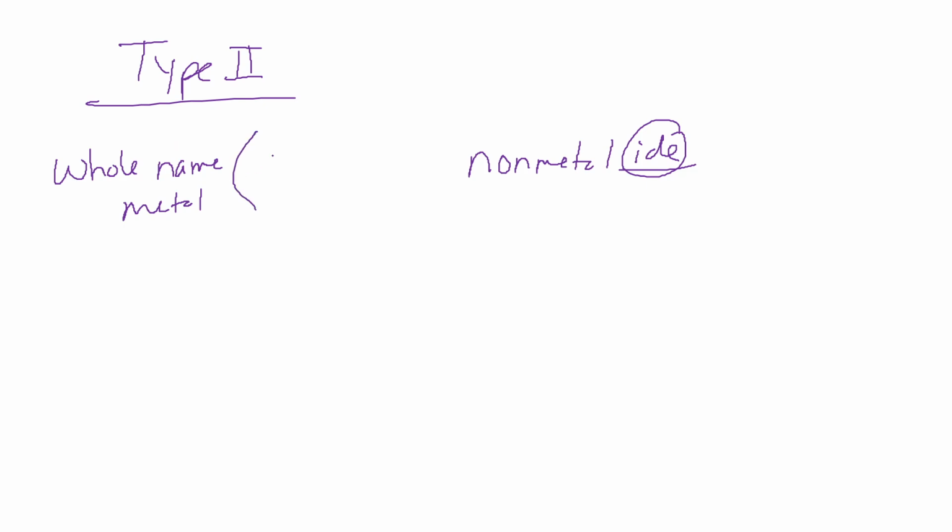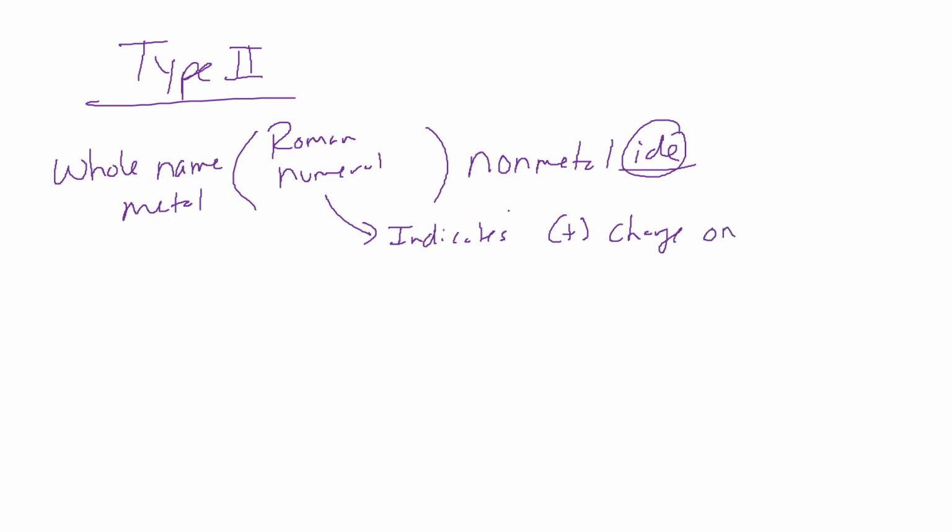The additional thing that is done with type 2 is we have a Roman numeral, and the Roman numeral actually indicates the positive charge on the metal.